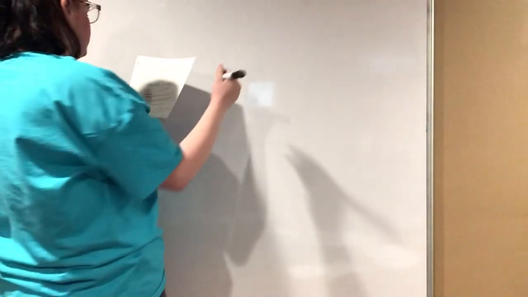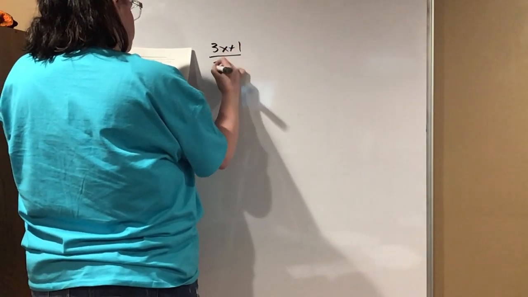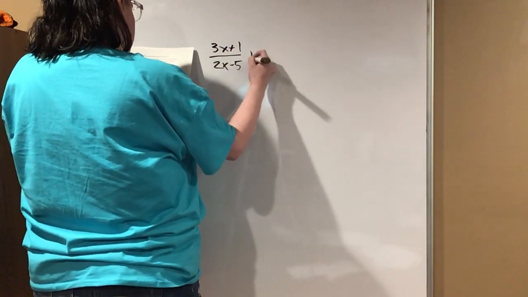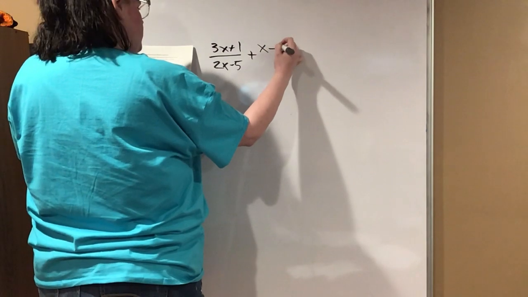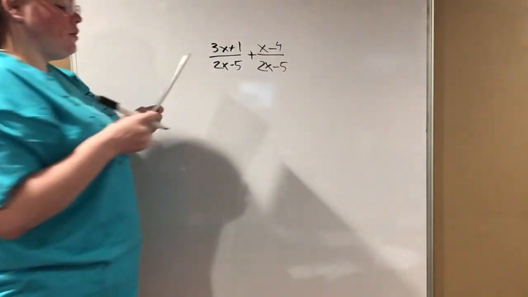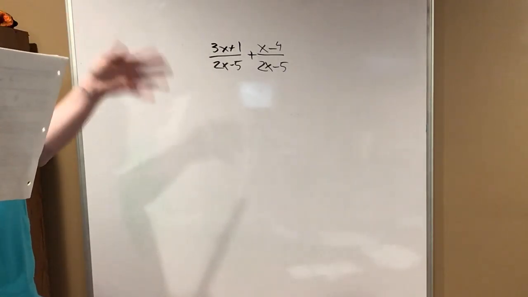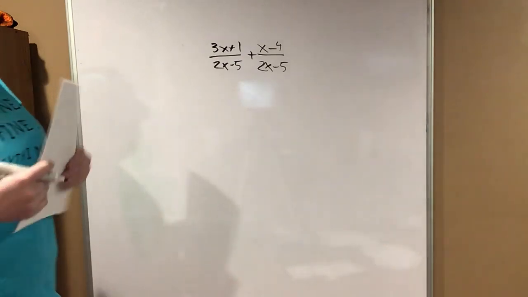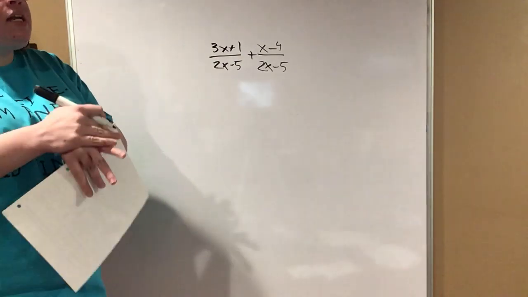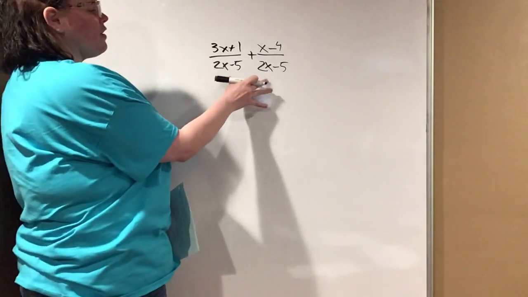If I'm given 3x plus 1 over 2x minus 5 plus x minus 4 over 2x minus 5, adding and subtracting rational expressions is just like adding and subtracting any fraction. You just have to make sure you have a common denominator.